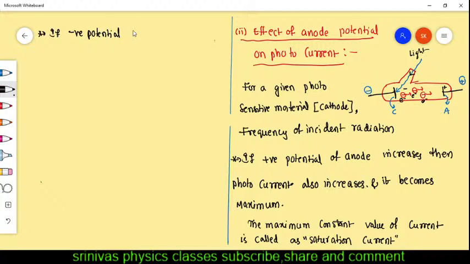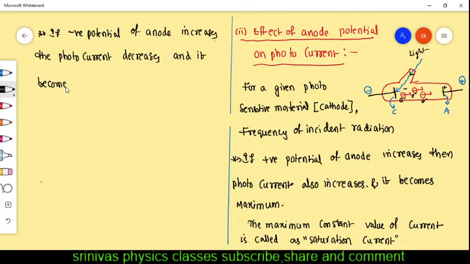If the negative potential of the anode increases, then the photocurrent decreases, and it becomes zero. The photocurrent becomes zero at a certain negative potential. That negative potential is called the stopping potential.